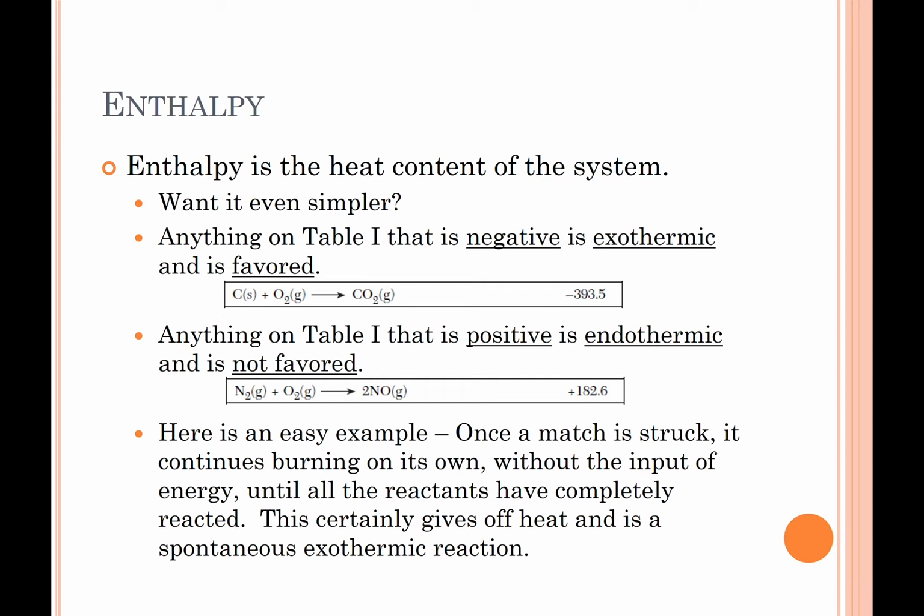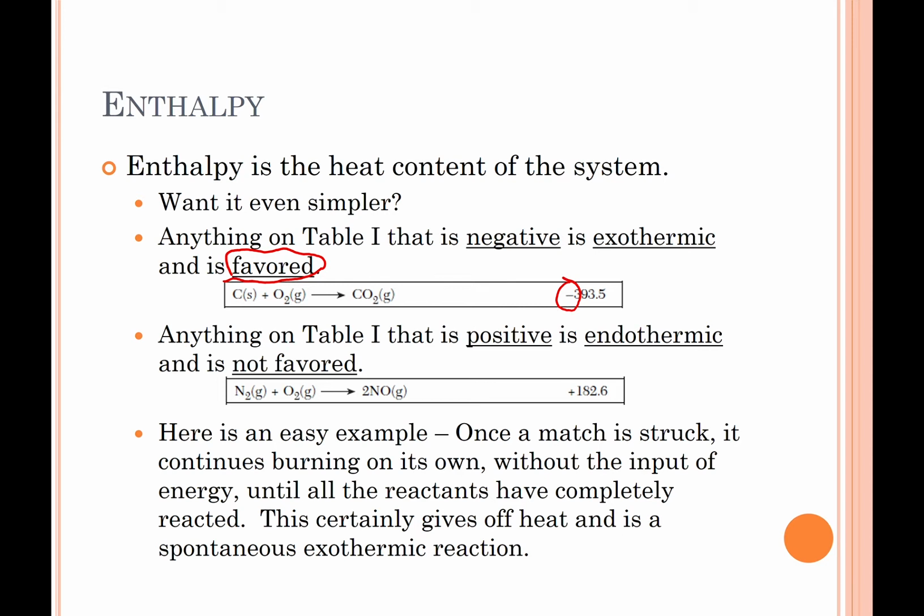And on the bottom you're given a little note that says any negative delta H value is an exothermic reaction, and therefore it's going to be favored. So anything on Table I that has a negative delta H is going to be an exothermic reaction and therefore will be favored.